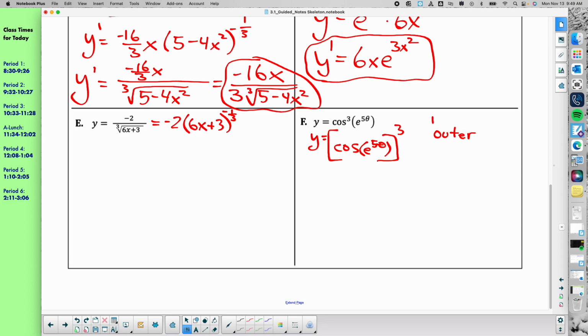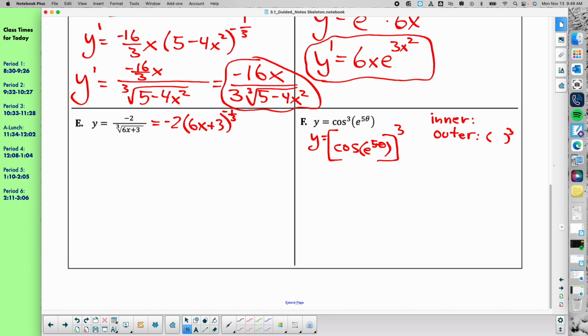Okay, the outer function and the inner function. Outer is 100% the cube. The inner, does it make more sense if I write a u or just blank parentheses? I don't know.